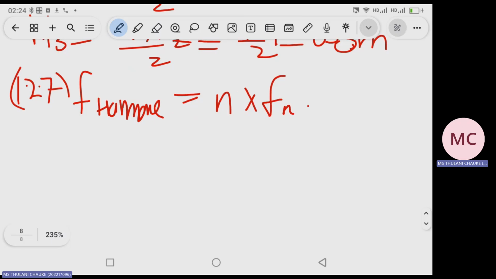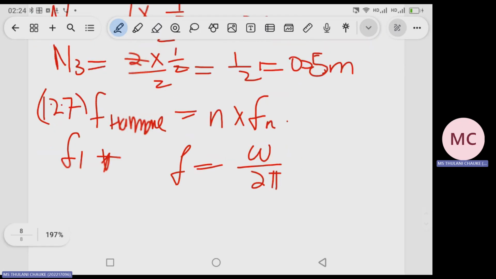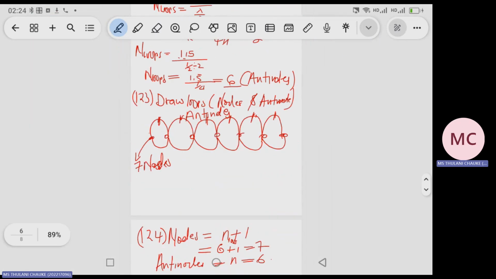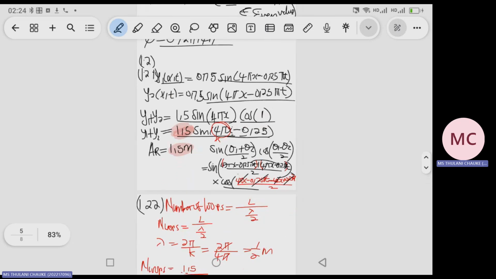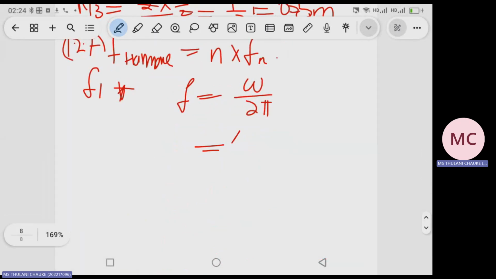So the first thing you have to get is your F1. Then if you have your F1, you can get the rest. So we know that frequency is given by omega over 2 pi. And from our equation, what was omega? Omega was given as 4 pi. Was it 4 pi?